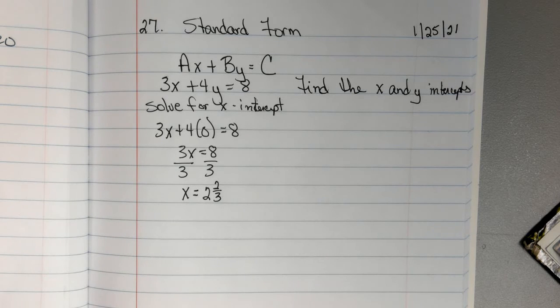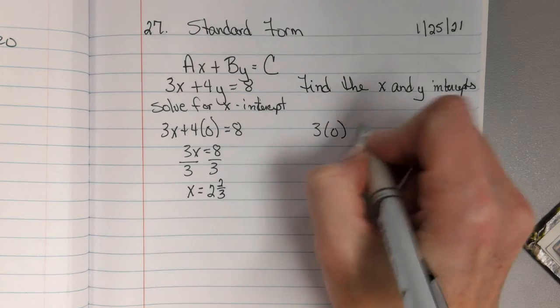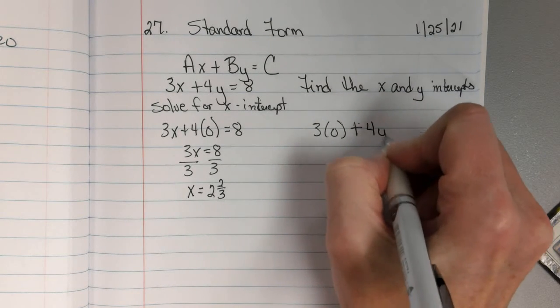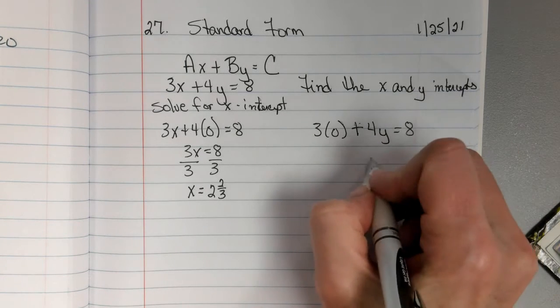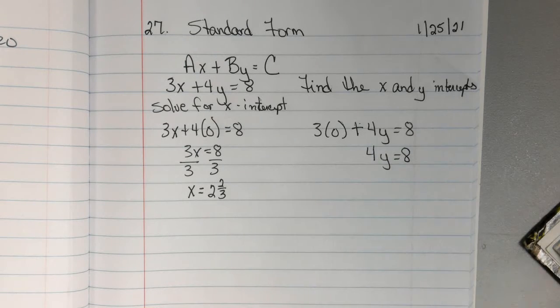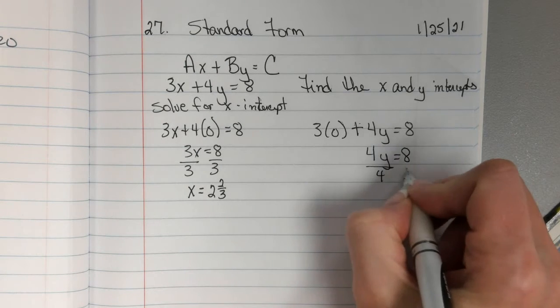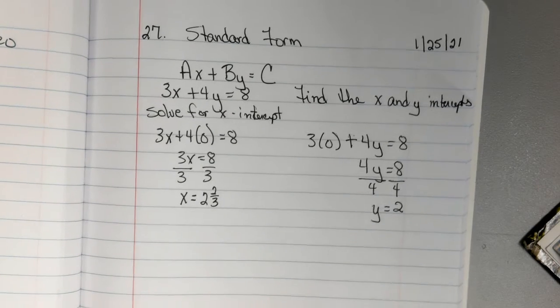So now if I want to find my y-intercept, think about at your y-intercept, what is the x-coordinate? 0. So this time I'm going to let x be 0, and I'm going to solve for y. So that's gone, and I'd have 4y equals 8, and y would equal 2.